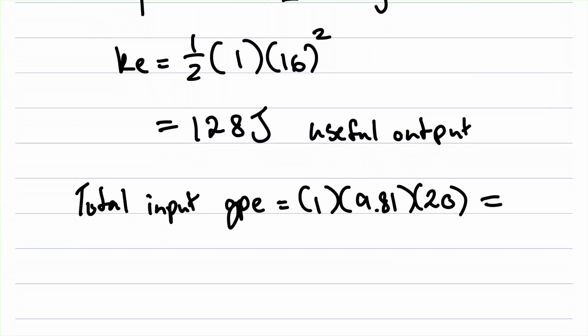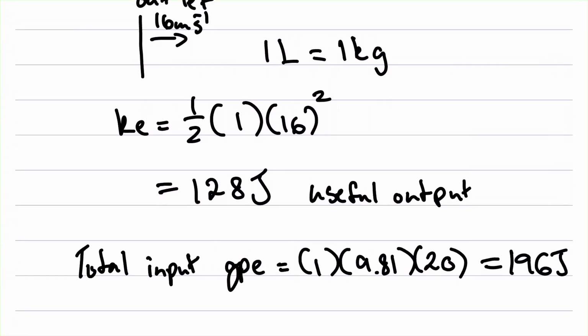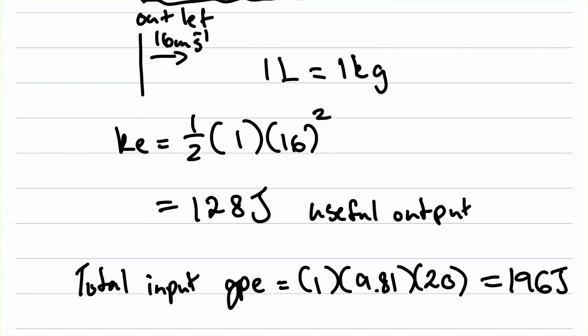That's going to equal 196 joules. So you can see already that there's a difference here. They're not equal to each other. Therefore, some energy was turned into a different form of energy. It didn't go straight from gravitational into kinetic.